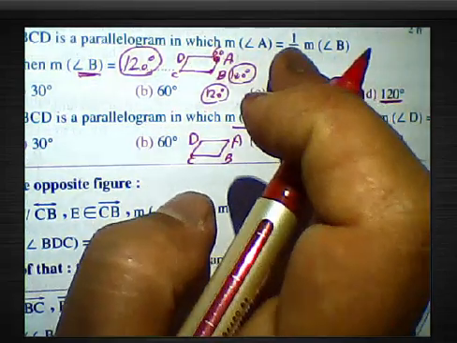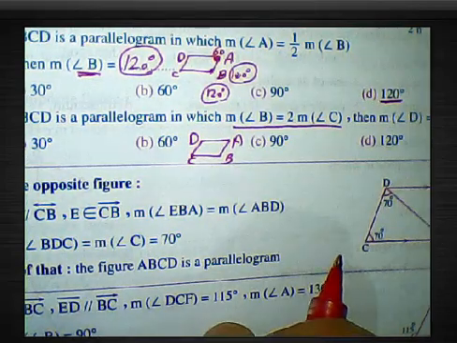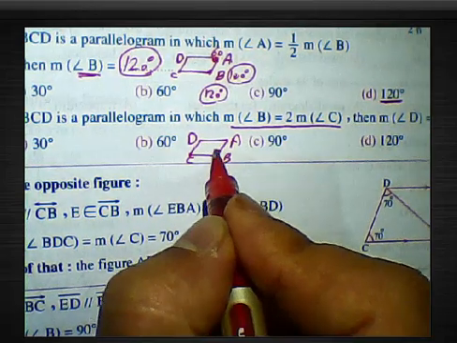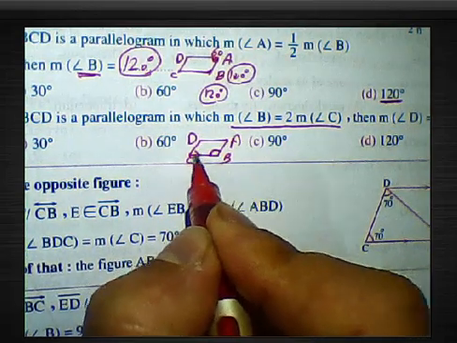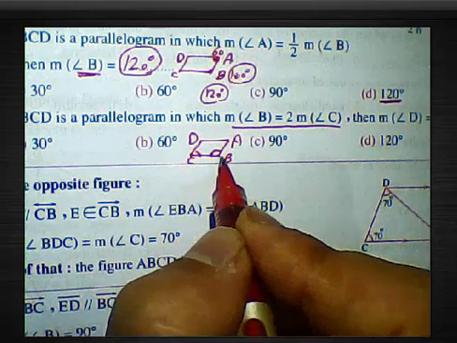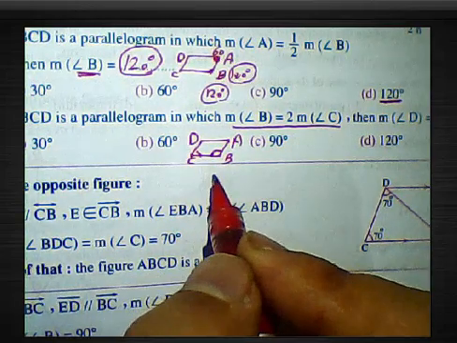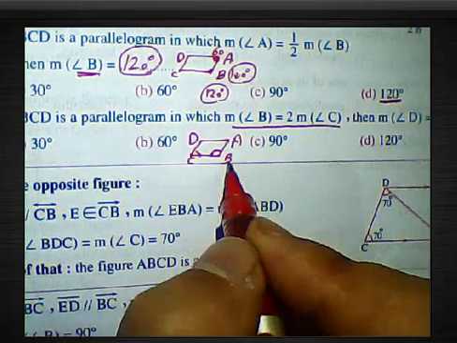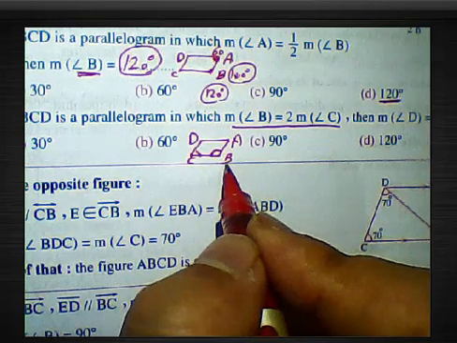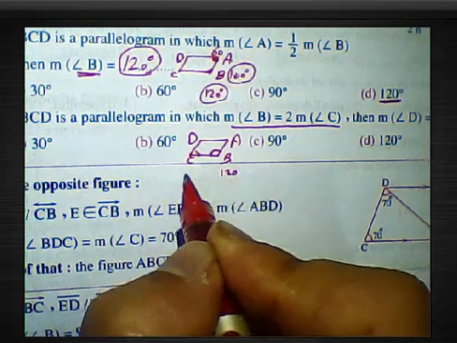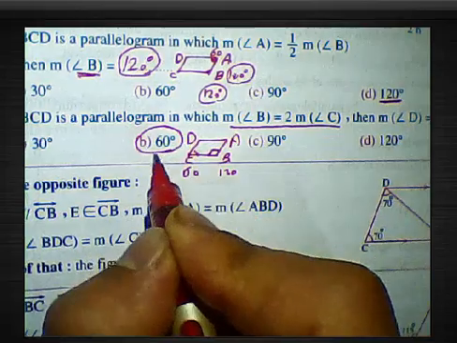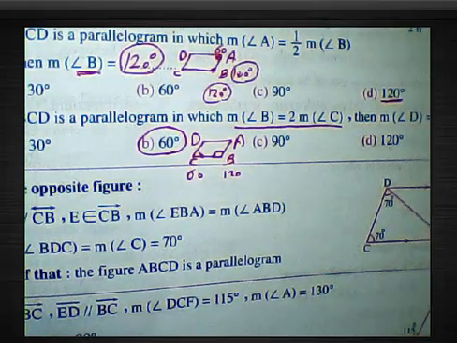So measure of angle B plus measure of angle C equals 180 because we have adjacent angles in a parallelogram. Measure of angle B is twice measure of angle C, so measure of angle B equals 120 and measure of angle C equals 60 degree. You must choose letter B for this example.